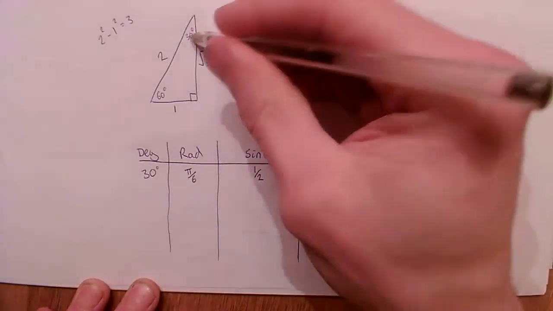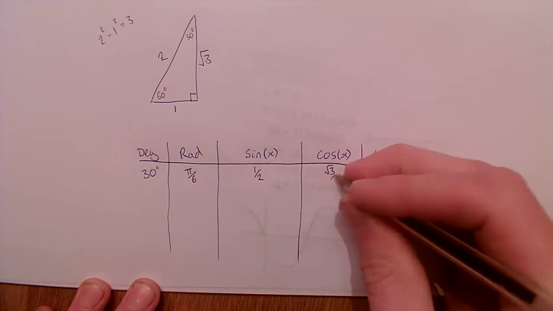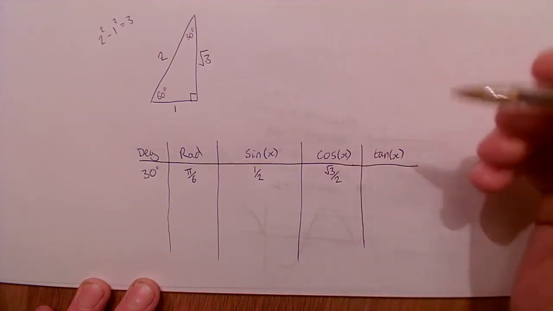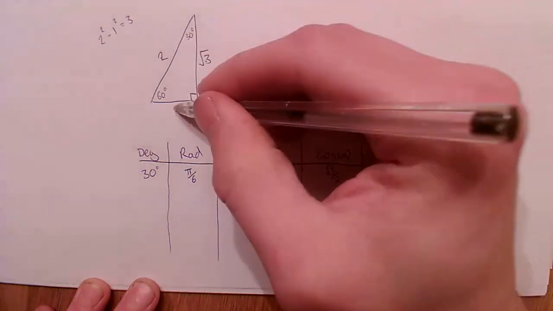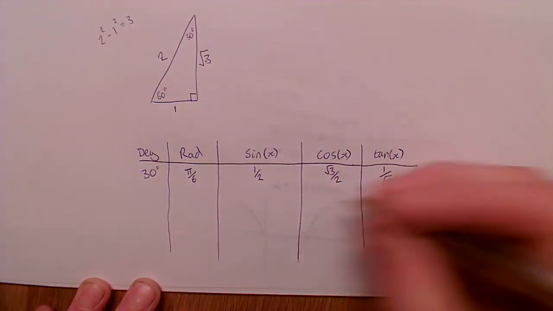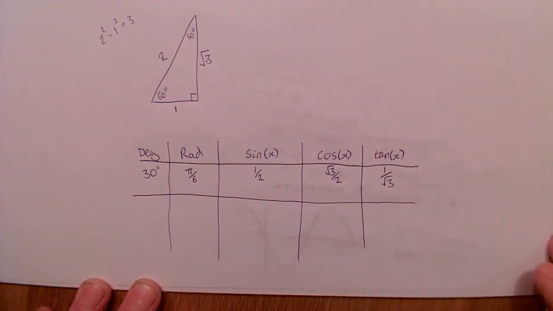Cos of 30 is adjacent over hypotenuse, so that is root 3 over 2. Tan is opposite over adjacent, so that is 1 over root 3. And that is the first row in our table.